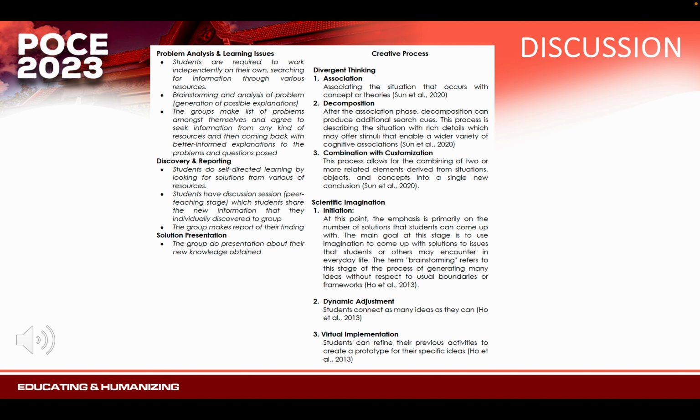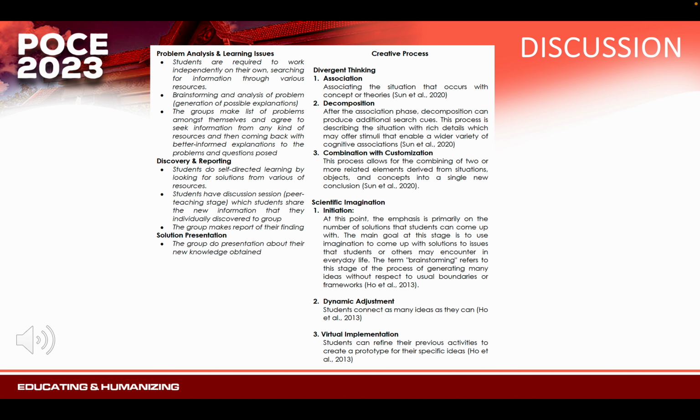It includes association step, decomposition, and combination with the customization, and also scientific imagination steps by Hu et al. 2013. So the activities in the model refer to the main goal of each step.